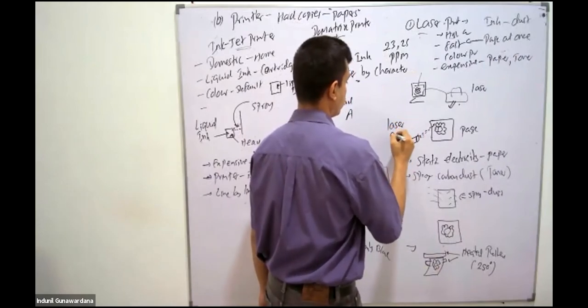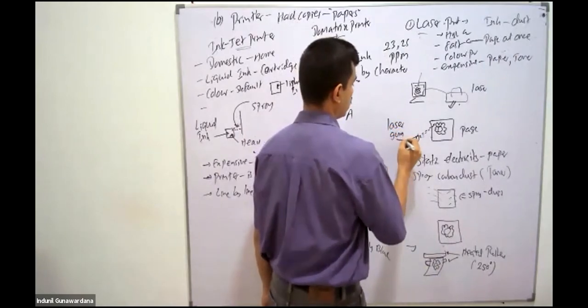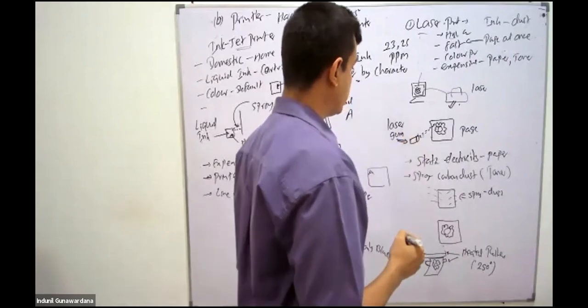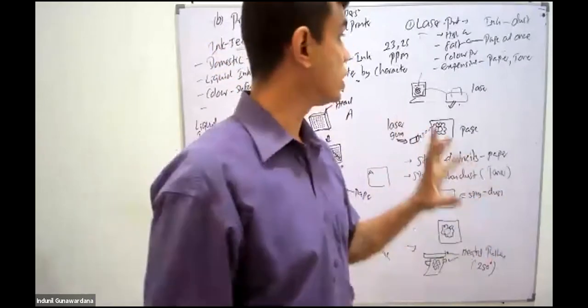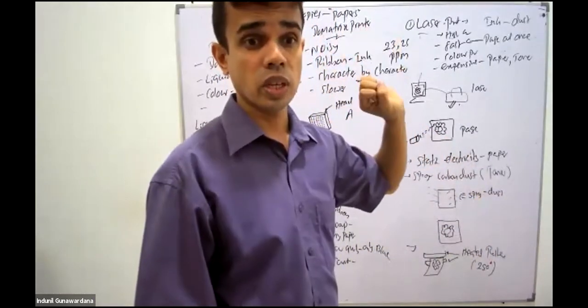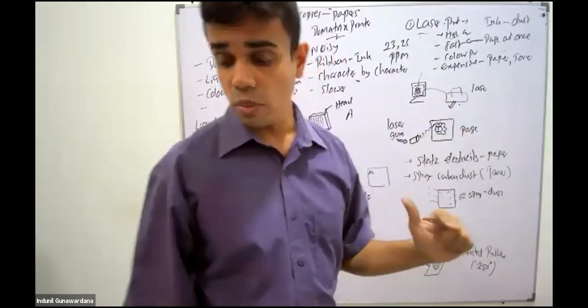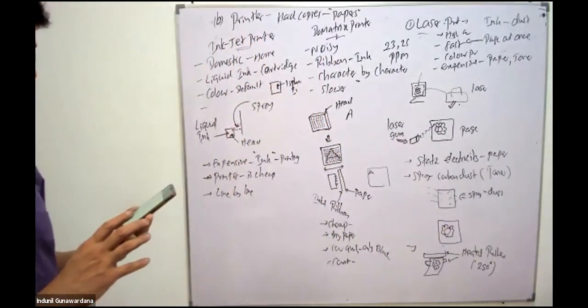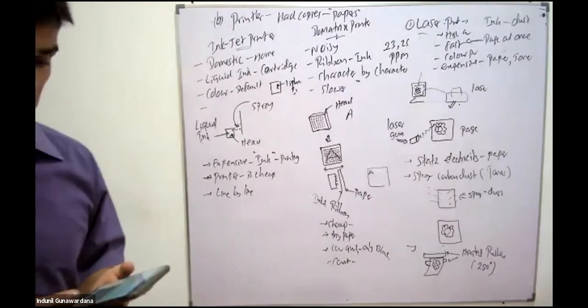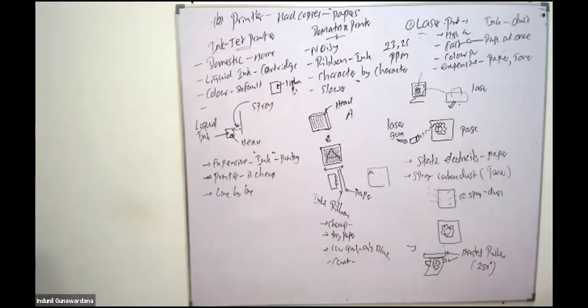I don't want to give you these details, because in the paper, they don't ask in this depth, but they'll ask the features among these printers. So I'll give you a photo of this just to revise. The real thing we need in our A-level syllabus is the comparison of these printers related to the features.